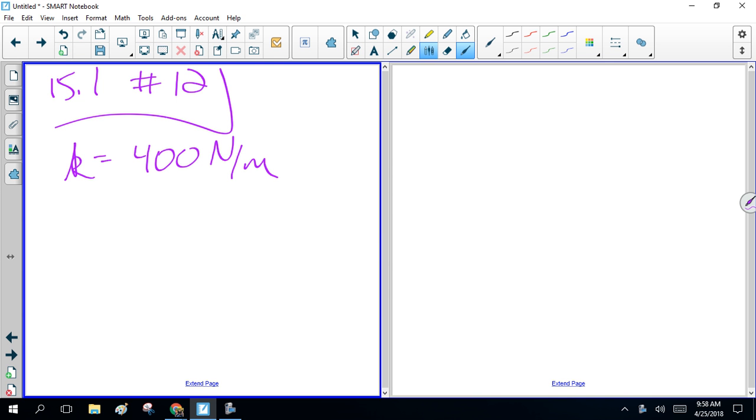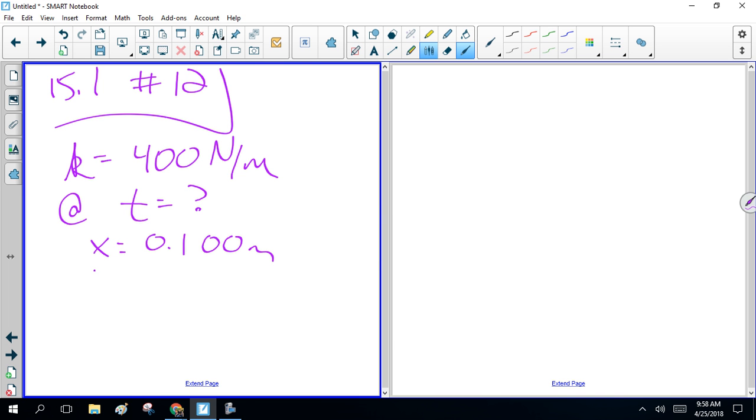It says at some time t, the position measured from the equilibrium location, velocity and acceleration of the block are, so at some random time t, which we don't happen to know, we know that our position is 0.100 meters.